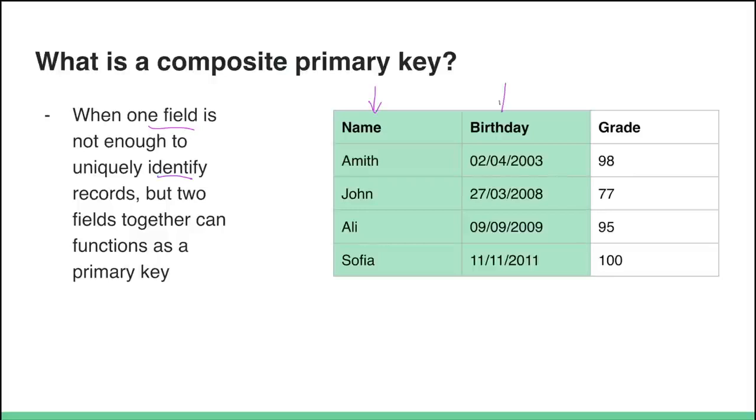But anyone having the same name and birthday as anyone else is extremely unlikely. So together, we could use both these fields as a composite primary key. The usage of two fields to identify a specific record in a table is therefore referred to as the use of a composite primary key.